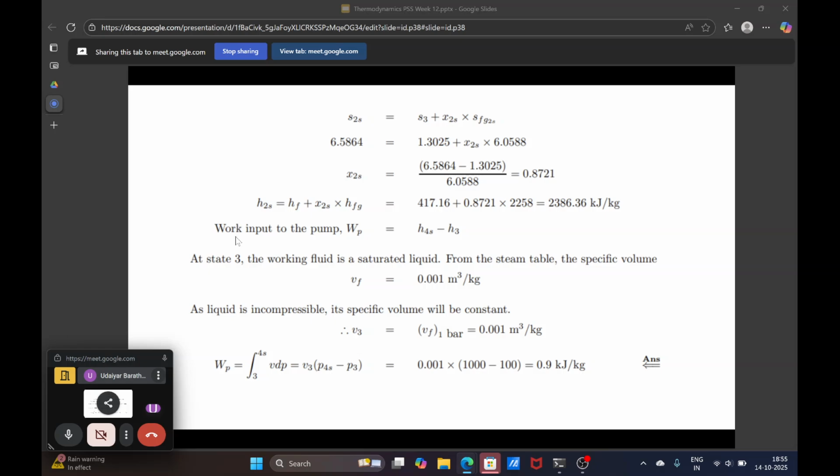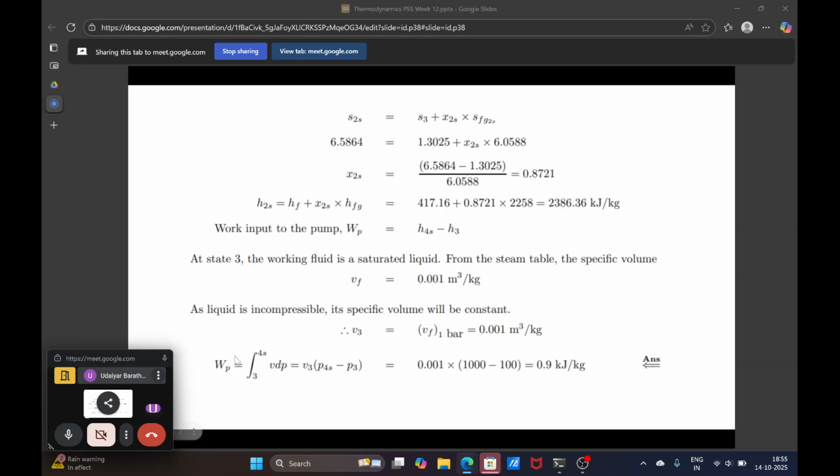At state 3 the working fluid is a saturated liquid. From the steam table, the specific volume is 0.001 meter cube per kg.